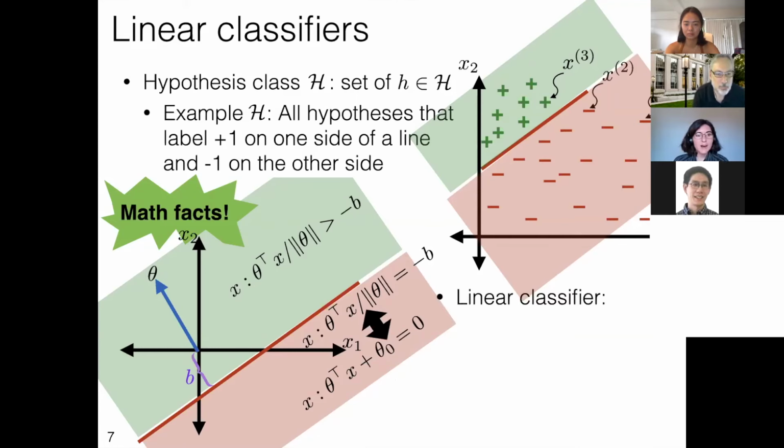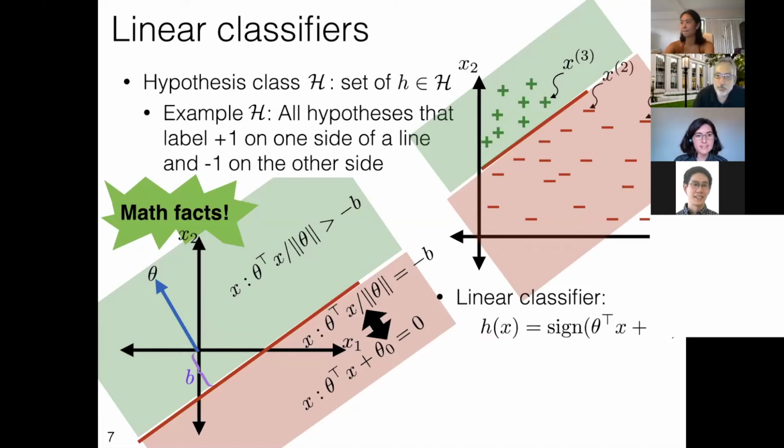Okay, so now we're ready to define a particular linear classifier. A particular linear classifier is going to be some h, and h has got to be a function that takes inputs that are in our x space. So that's what we have here. We have a function h, and our function h is the following.